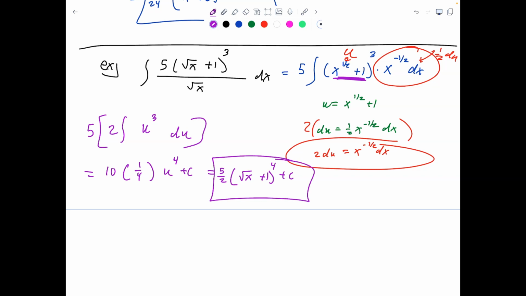Replace it back. If you want to take an extra step and write it as u, you're just wasting your time. You should be finalizing your answer in terms of x alone.